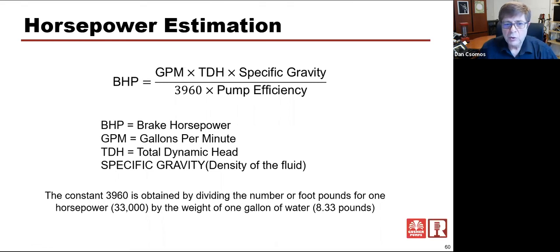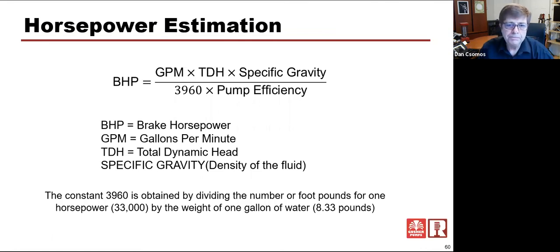When I said that you could take an amperage reading and go back and look at the curve to try to determine where on the curve you're running based on horsepower load, this is a general formula to be able to go back and determine how much brake horsepower there is, to cross-reference back to the pump performance curve. So if you took an amperage reading, let's say it was 7 amps, okay?